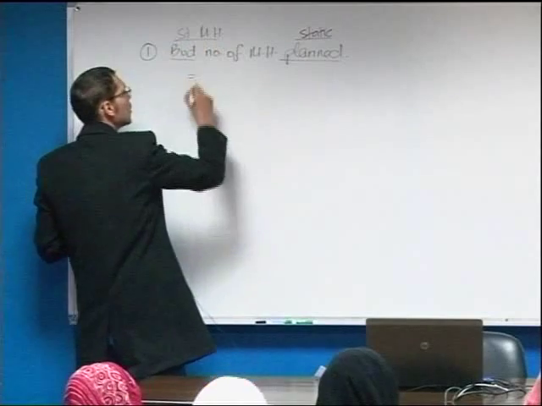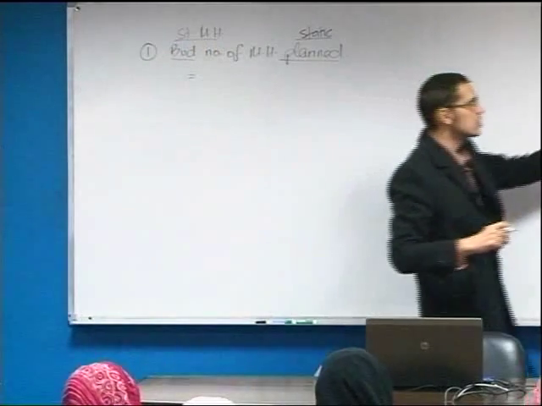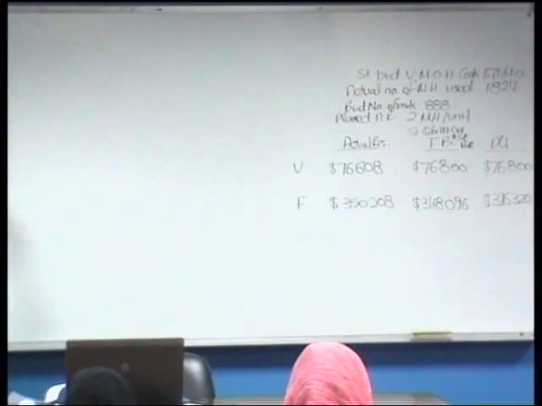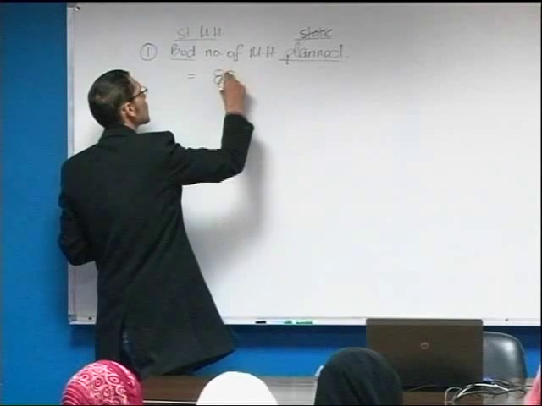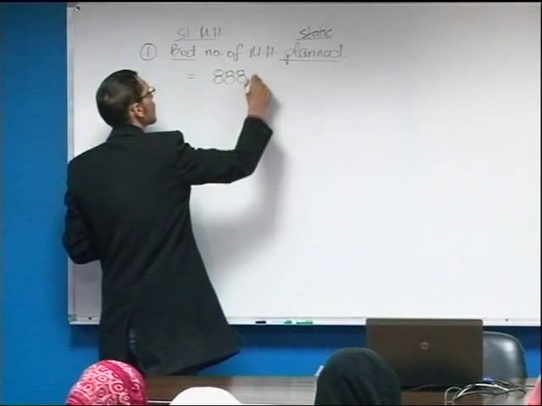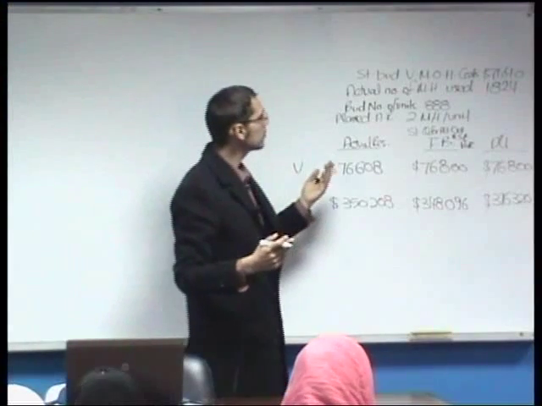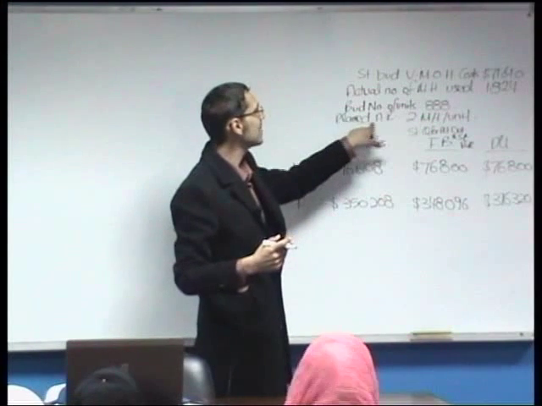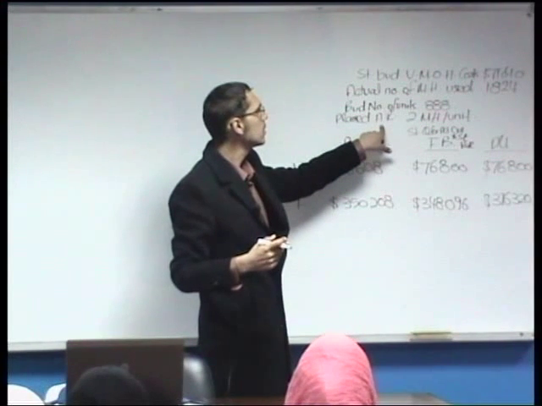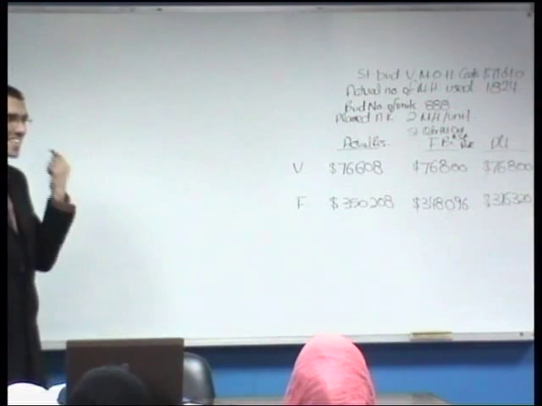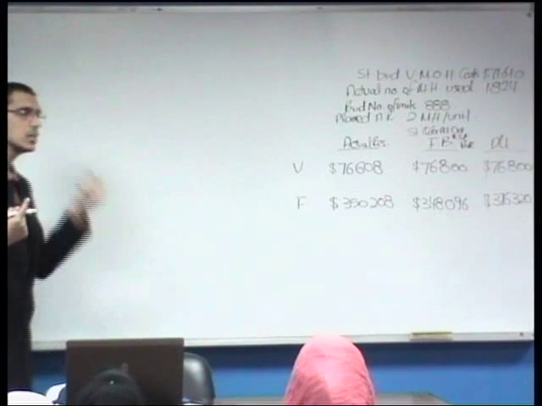They said that the budgeted number of units, or the planned number of units, is 888, multiplied, of course, by this piece of information. The planned allocation rate is 2 machine hours per unit. Therefore, each unit would use up a standard 2 machine hours.